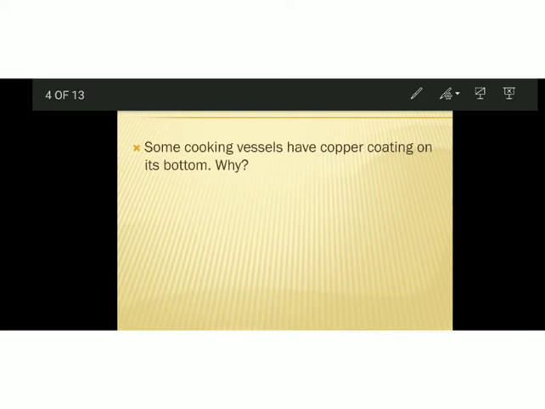This is the reason some cooking pots have a copper coating on the bottom.